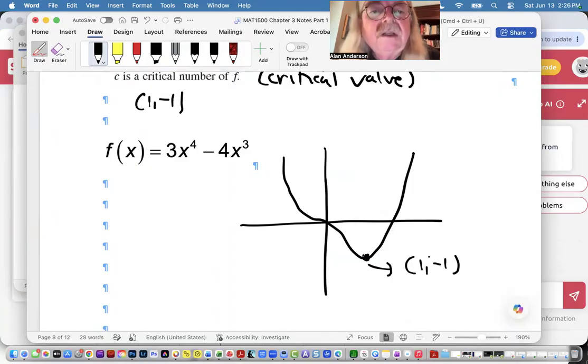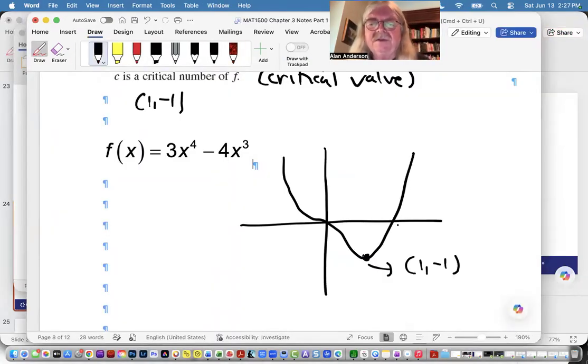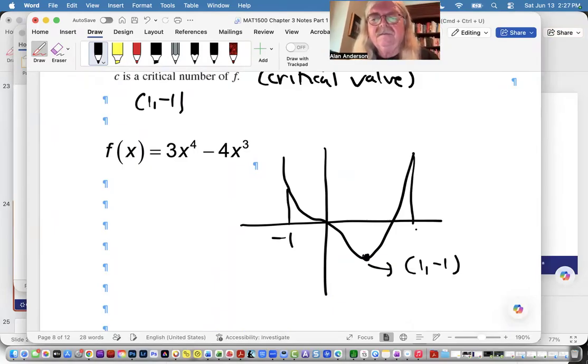Okay, so based on what we said earlier, the first thing we're going to do is take the derivative. Actually, no. Let's go through all their steps because they have to tell us what the interval is. -1 to +2. So let's say roughly from here to let's say here. Great.